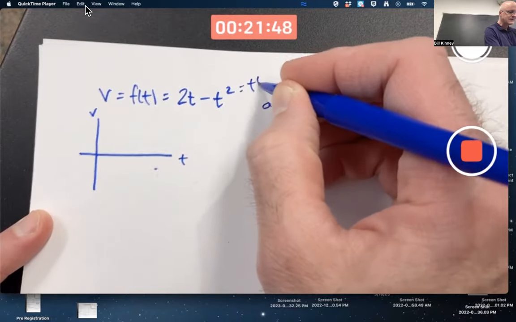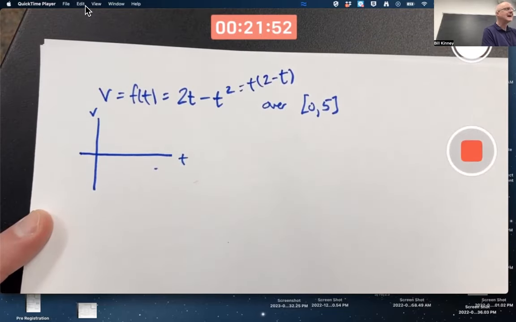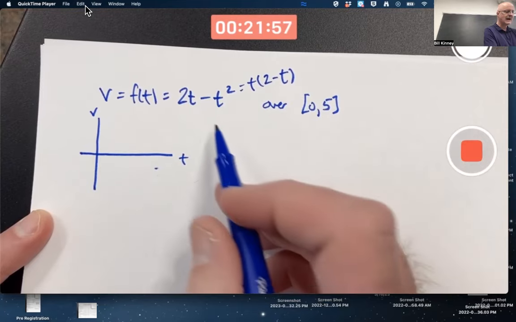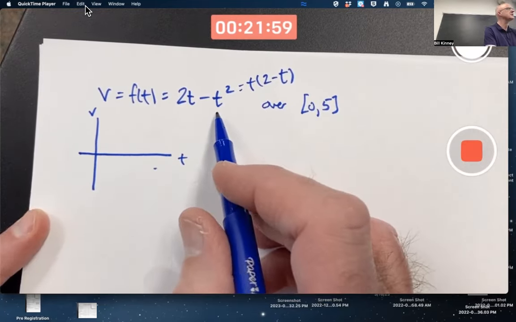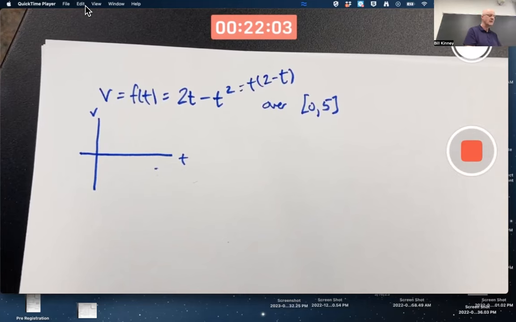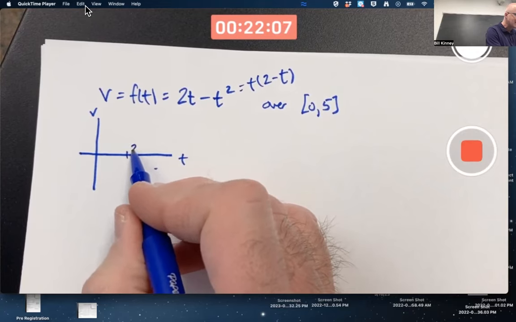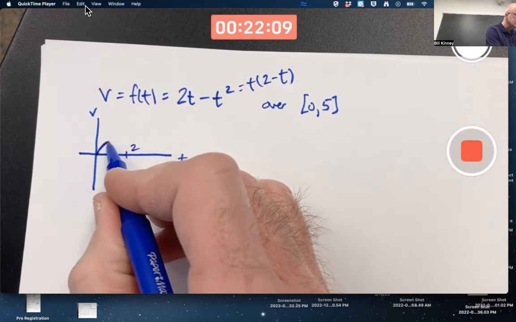And we can think about this graph without calculus. We can, for example, see it's got horizontal intercepts at 0 and 2. It is a quadratic with a negative t squared coefficient, so it's going to be an upside down parabola with intercepts again at 0 and 2. It's got to look something like this.